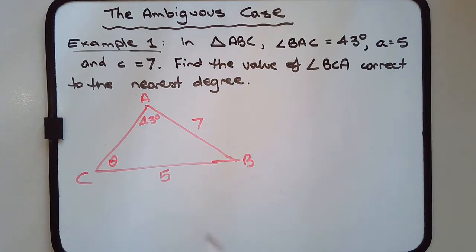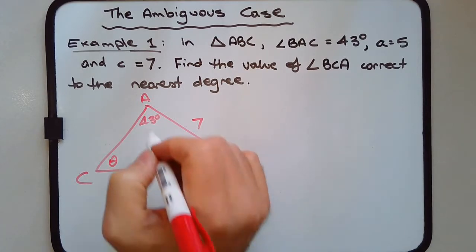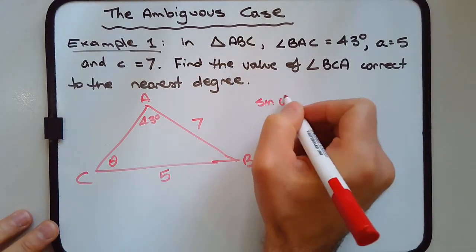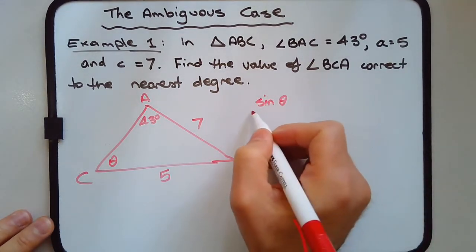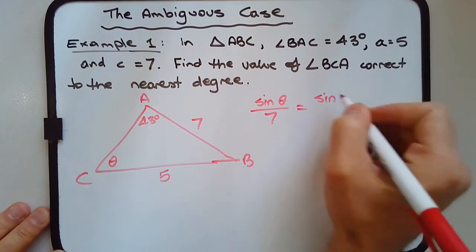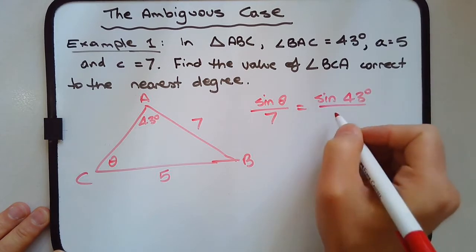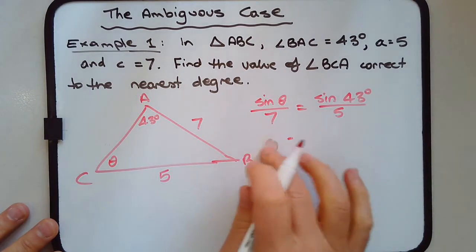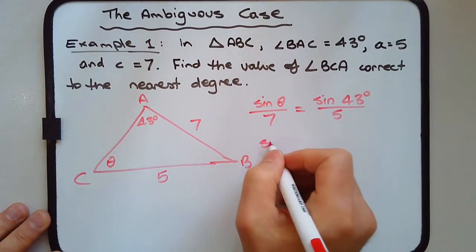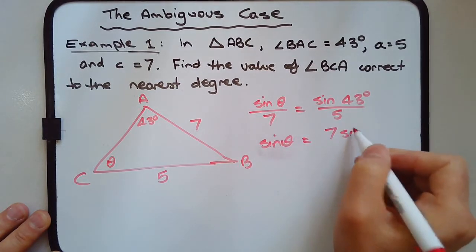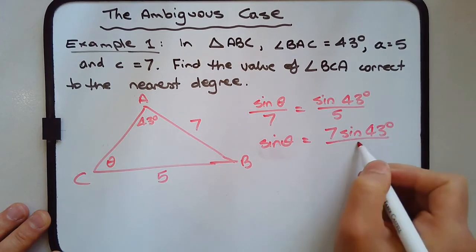All right, so let's apply the sine rule. We have a known side angle pair, which is the 5 and the 43 degrees, and we want to find an angle. So sine of theta over 7 is equal to sine of 43 over 5. Let's solve it for theta. So sine of theta, move the 7 over, is equal to 7 sine 43 degrees over 5.